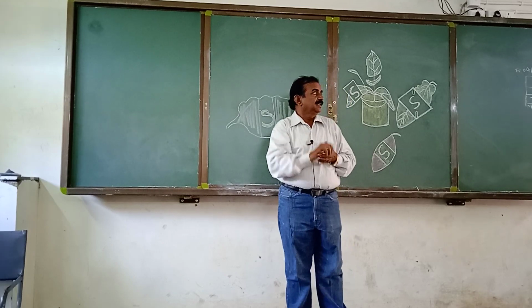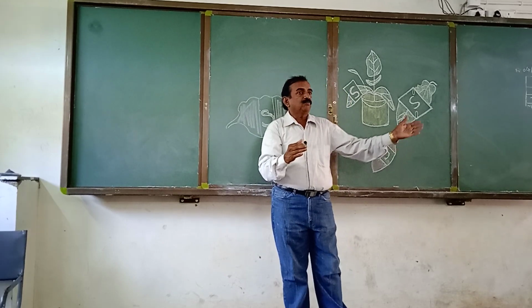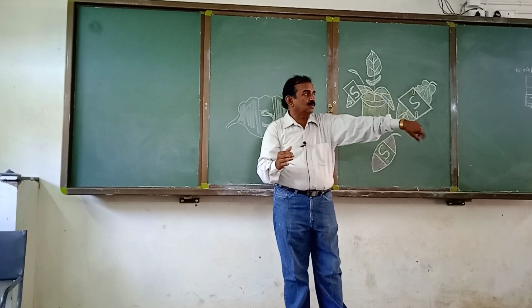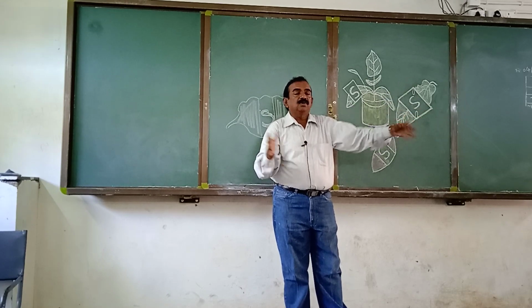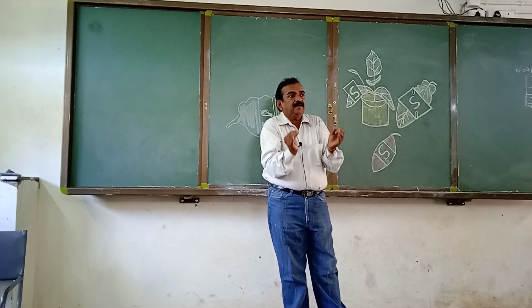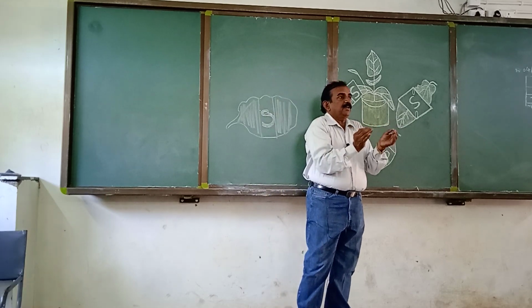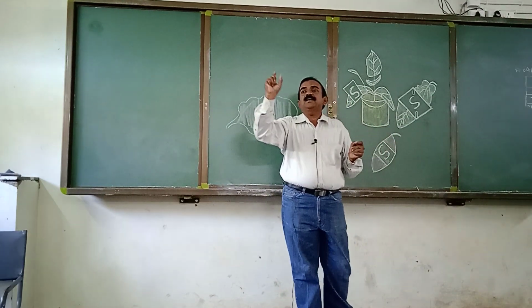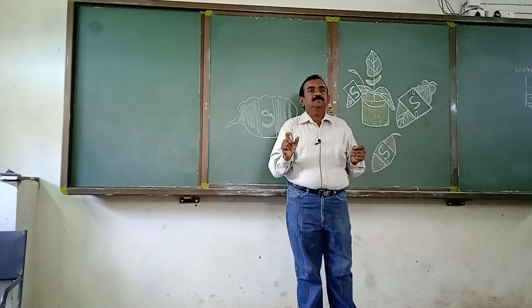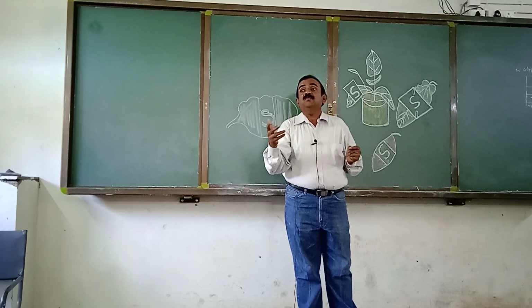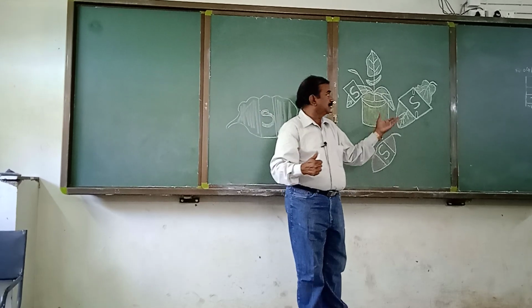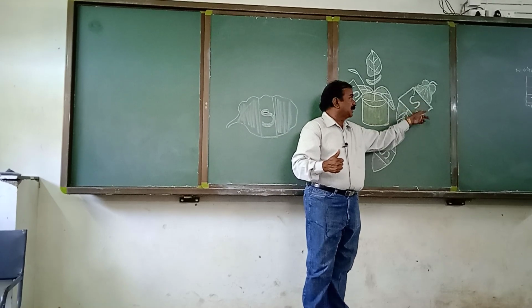After 3 days, we need to take the potted plant out of the dark room. And later we need to take black paper. This is black paper.